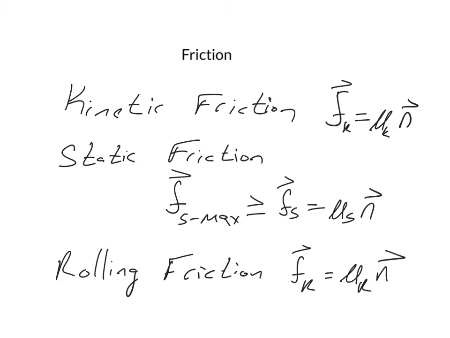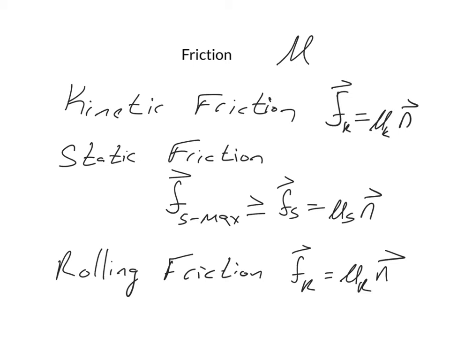Like steel on steel is something like 0.008. It's very small. And again, with our coefficients, we use the Greek letter mu to show that it's a coefficient. These are dimensionless. They do not have meters or newtons or anything like that. It's just a number.